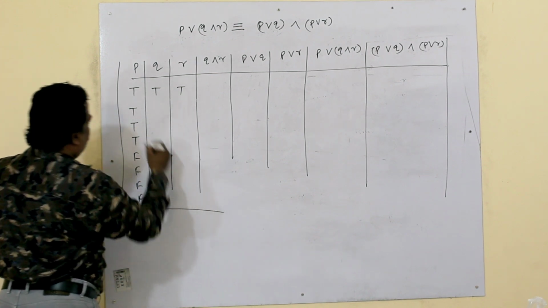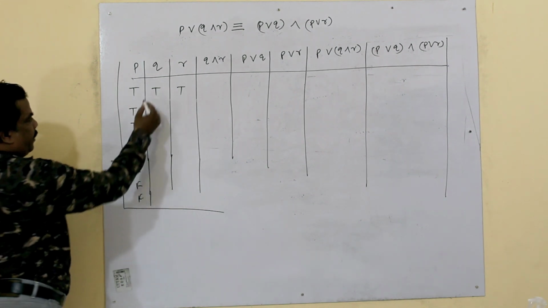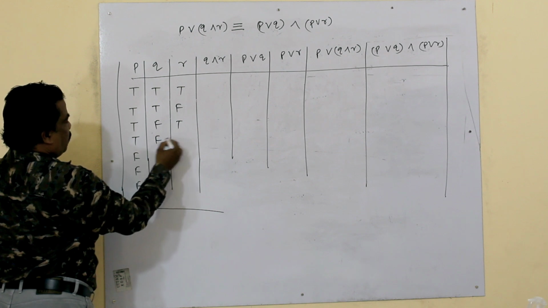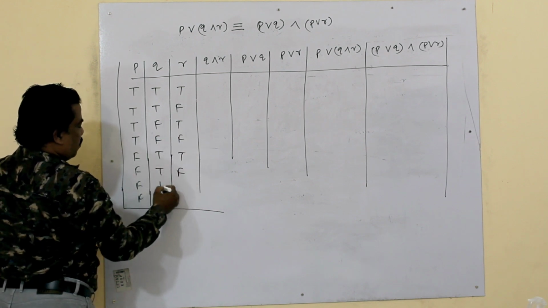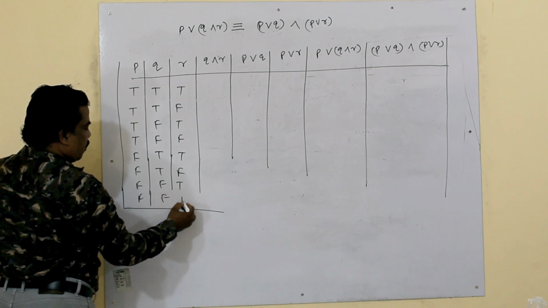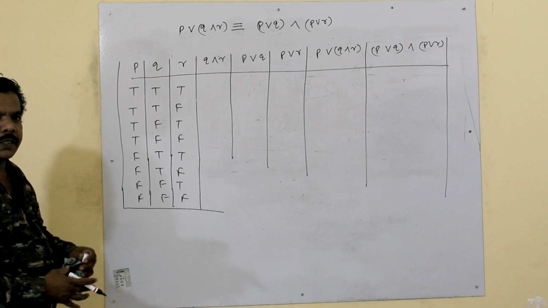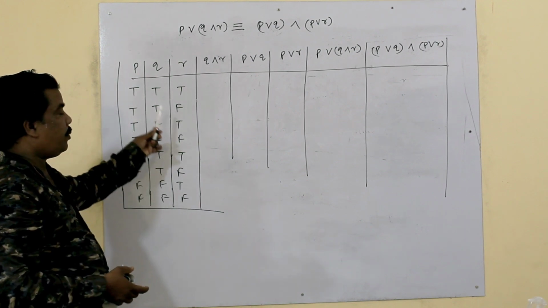We write 4 T's and 4 F's. Then we write true, true, true, false, false, true, false, false, true, true, true, false, false, true, false, false. Now we have written all the truth values of the statements P, Q, R.